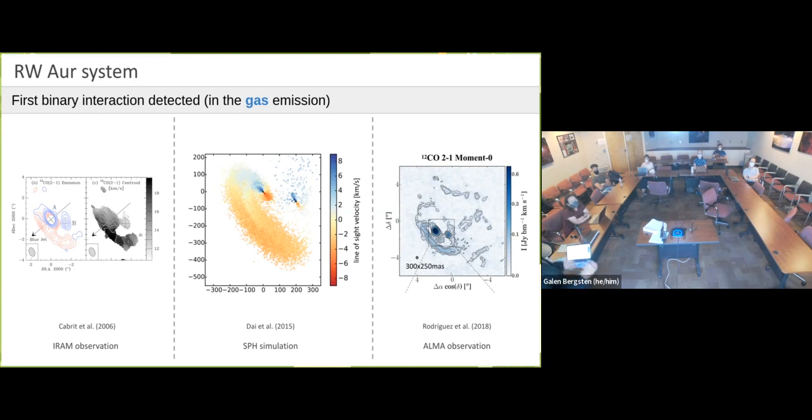And of course we went and observed it with ALMA, and this was published in 2018. And when I say we, I mean the community. So you can see here in 2018, the arc of material was redetected, but they also detected all these other clumps of emission, like over there, that are not directly connected to the main arc. And it was a bit puzzling to see what was going on with them.